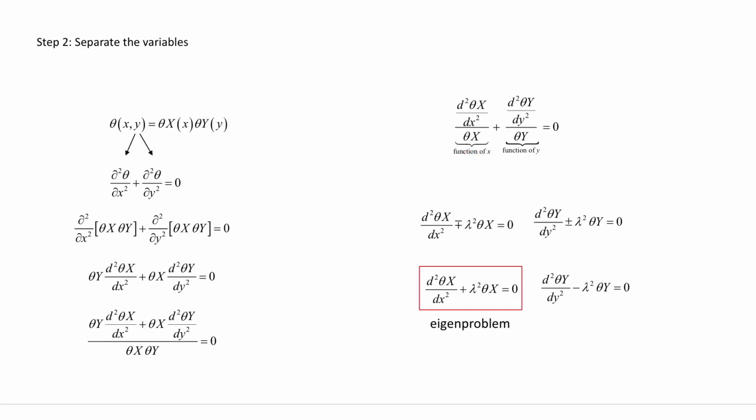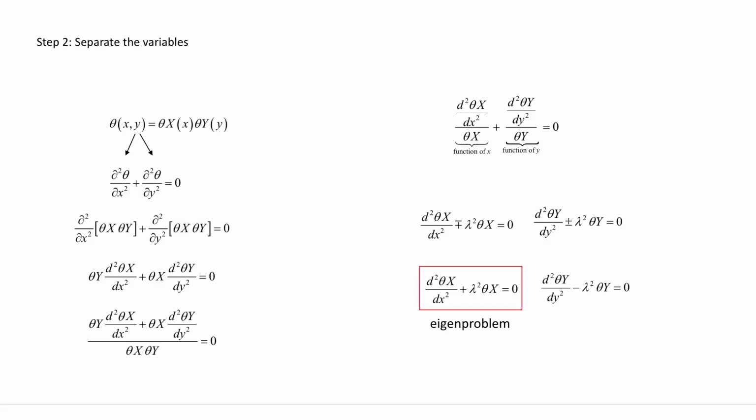So then we call that constant lambda, or lambda squared, in order to indicate that it's definitely a positive number. And then we have d squared theta x is either minus or plus lambda squared theta x. D squared theta y is either plus or minus lambda squared theta y.